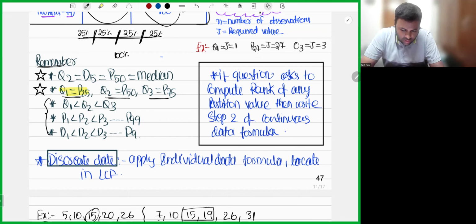Now, my dear friends, we have seen how to calculate partition values in case of individual data. Next, what do we have? Obviously, sir, you have discrete data and continuous data. First I'll do continuous data. I'll solve two sums from continuous data. Later, I'll give you one sum. You think, solve, and tell me the answer.